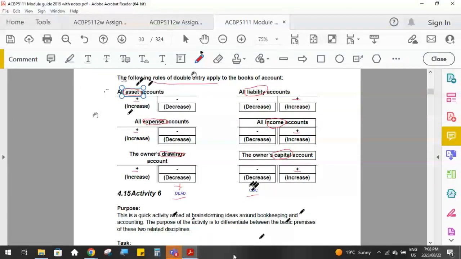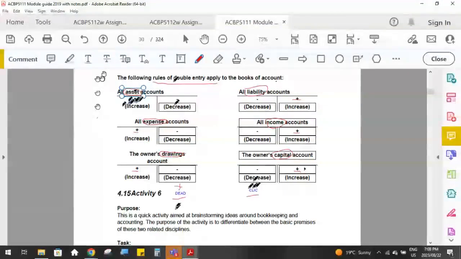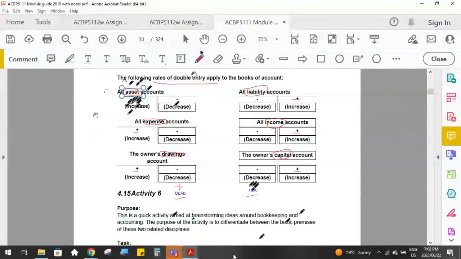So you have to understand this principle that for an asset account we must record the amount on the left-hand side if the asset is increasing. So for instance, if I buy a new computer, in my T account computers, I must write down the amount that I purchased on the left-hand side because it's an asset, computers, that's increasing. If I purchase those computers on account, let's say I bought it from Incredible Connection, I've then got a T account for creditors for Incredible Connection.